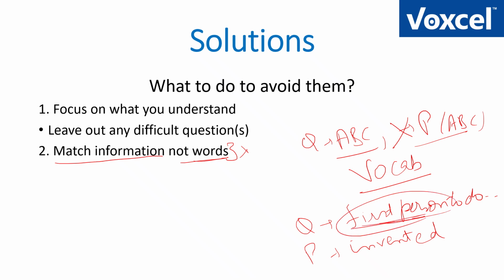But if you match the information, 'first person to do this', and somebody invented something, obviously they are the first person to do that particular thing. So the information is basically the same, but the words are different. You have to be very careful about that. Never try to match words, always try to match the information.